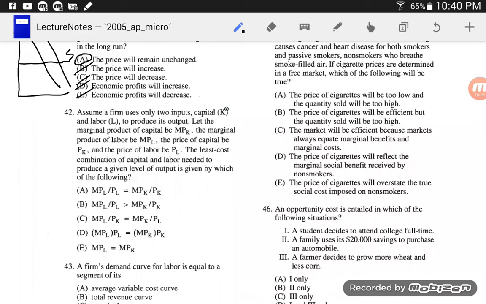If one piece of additional machinery can get me this much additional stuff, and the cost of that additional piece of machinery costs me this amount, I would want the ratio of that to be the same as the marginal product of labor compared to the price of labor.